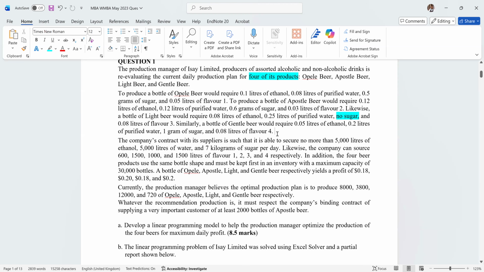Now, the company's contracts with the suppliers is such that it's able to secure no more than 5,000 liters of ethanol, 5,000 liters of water, 7 kilograms of sugar per day. Now, watch that word, 7 kilograms of sugar per day. What does this 7 kilograms tell you?